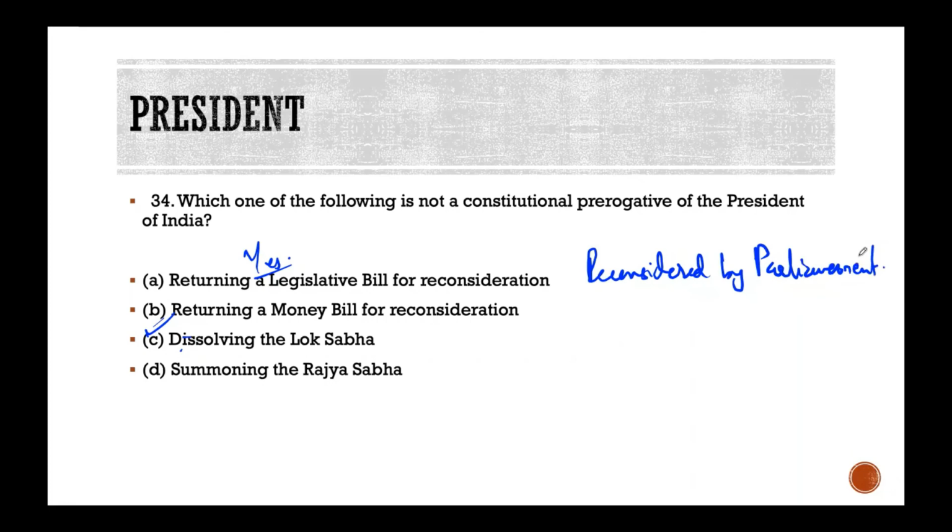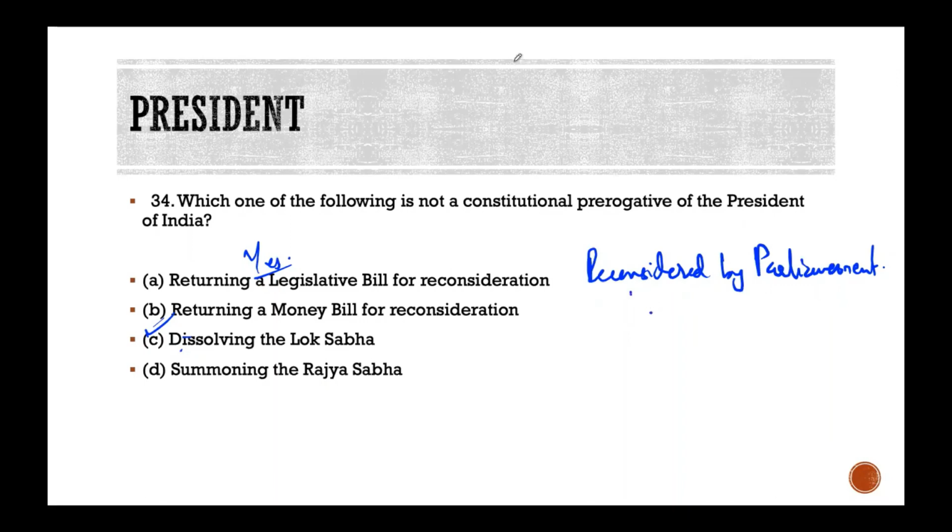Now what happens? By the Parliament, not by the state. If the bill has been passed after reconsideration by the Parliament with or without amendments, you said that he can withhold? Did somebody say withhold? No. Okay.